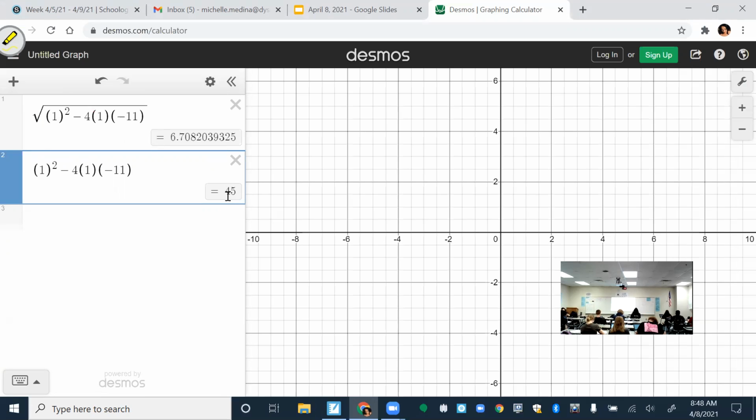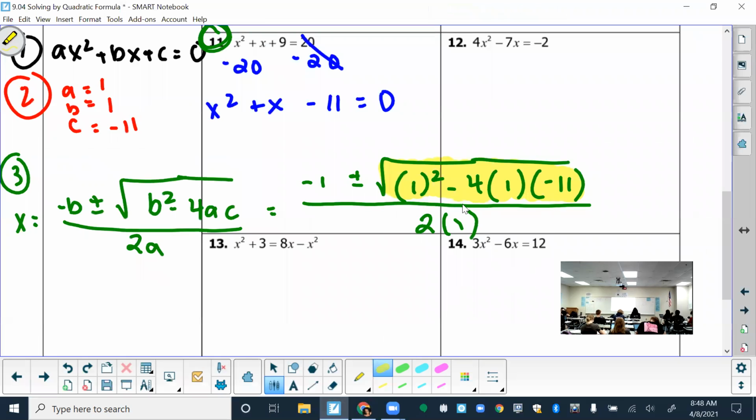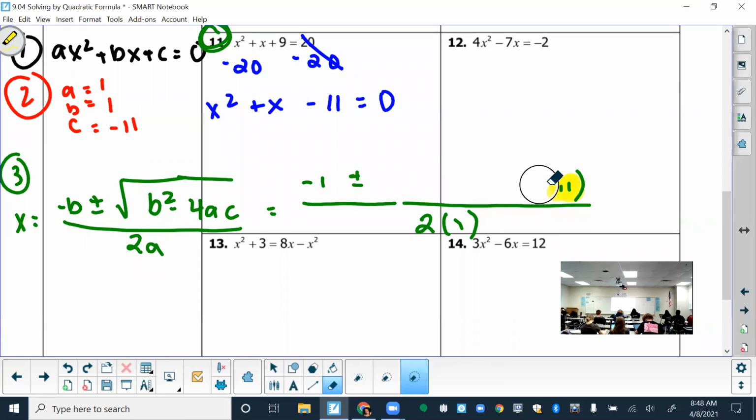So when I did that, what I essentially have right there is the square root of 45. Now, is the square root of 45 a perfect square? It is not a perfect square. So that's why I gave you that weird decimal. That's what an irrational solution is. So I'm going to go back to my notes, and replace this portion with the square root of 45.